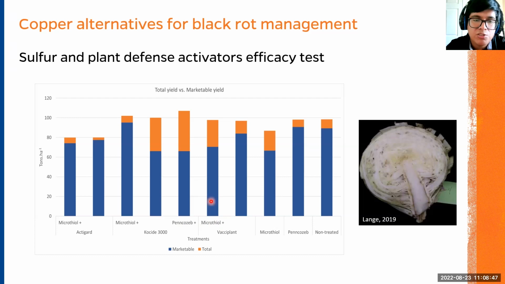However, in subsequent trials, we noticed that these products actually perform similarly when we look at incidence of internal symptoms of the head. So we are thinking of making more evaluations, but we also believe that this reduction is caused more by environmental factors and by timing of inoculation. So we're going to continue working on this in the upcoming seasons.